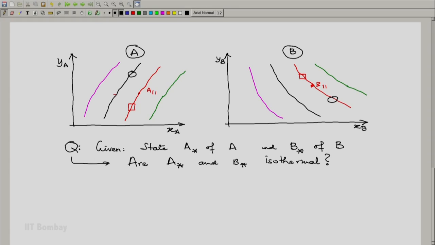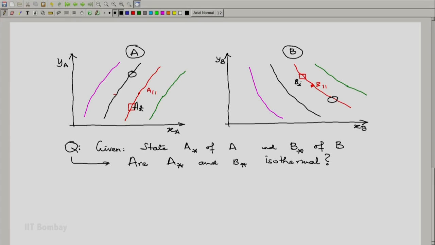We saw that if, for example, A star happens to be on the red isotherm and B star also happens to be on the red isotherm, then we will say these two states of the corresponding systems A and B are isothermal.